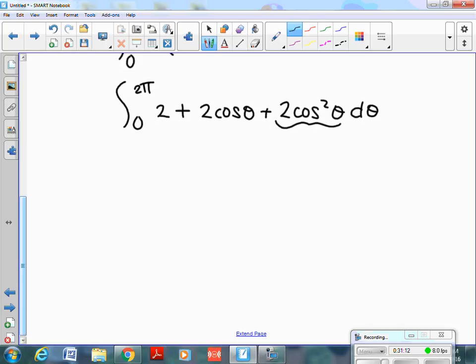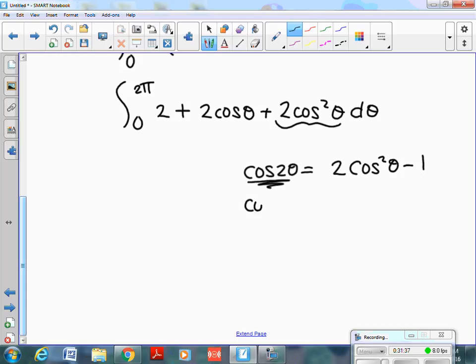I'm going to leave 2 cosine squared theta minus 1. That is equal to cosine 2 theta. This was a double angle formula. You can locate this on your formula sheet in trigonometry on the back side in the top right hand corner. You can find this formula. And all they did was they got cosine squared alone.